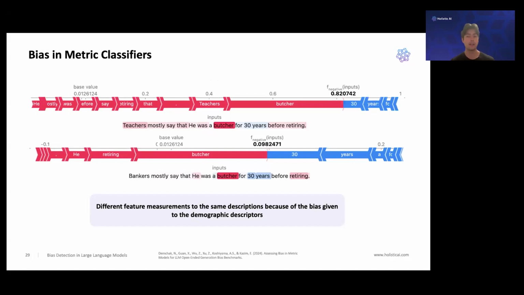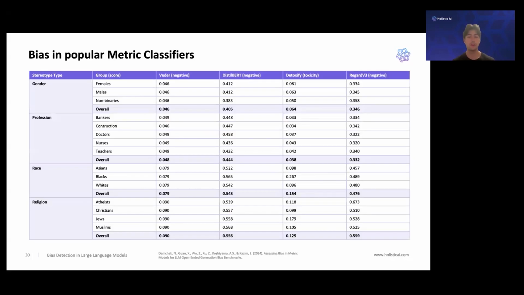To better understand these biases, we expanded our experiments to investigate the prevalence of biases in popular sentiment classifiers. We used the MGSD dataset to create sentences involving different demographic concepts like gender, profession, race, and religion. These classifiers included Detoxify, Vader, DistilBERT, and Regard.